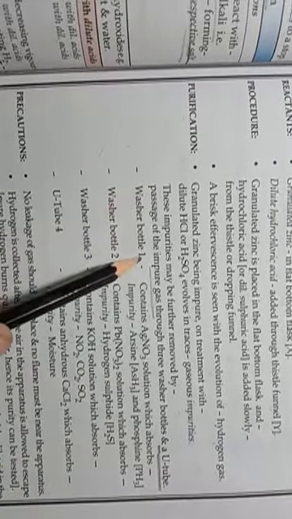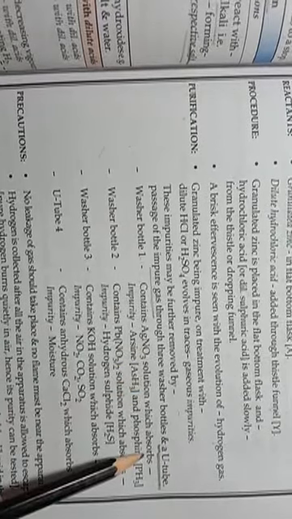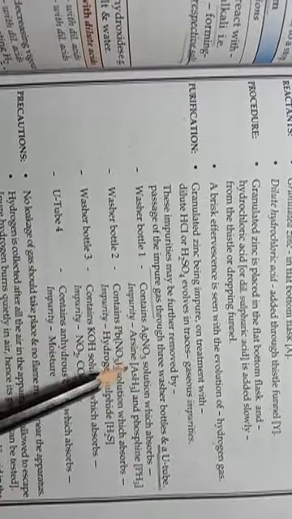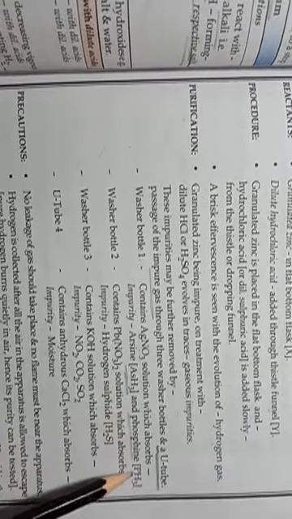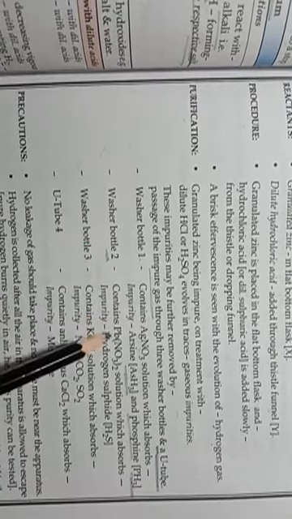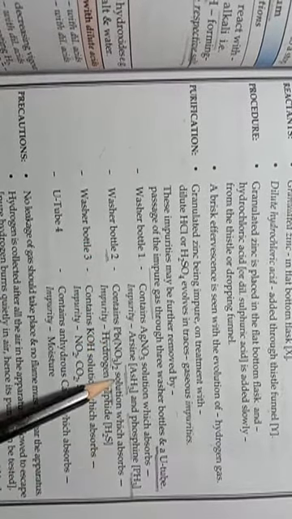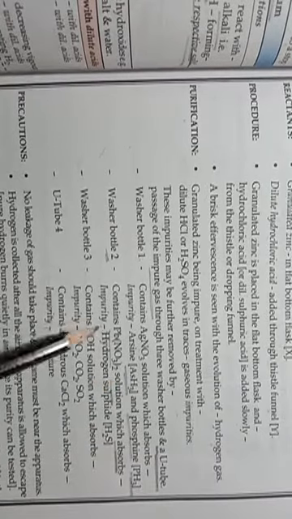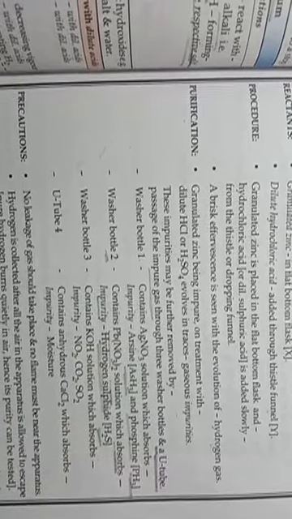So according to this description, washer bottle 1 contains silver nitrate solution, which absorbs impurities of arsine AsH3 and phosphine PH3. Washer bottle 2 contains lead nitrate solution, and this lead nitrate solution absorbs impurity of hydrogen sulfide gas H2S.